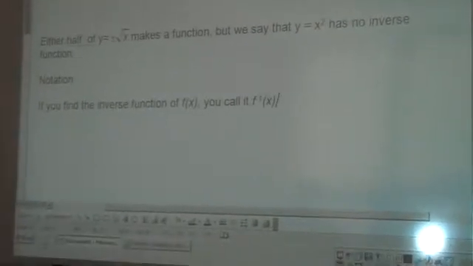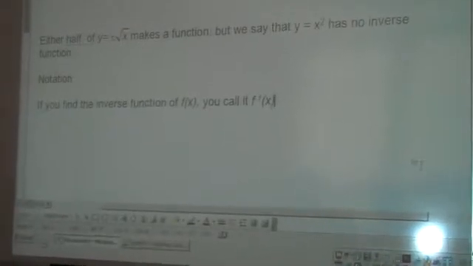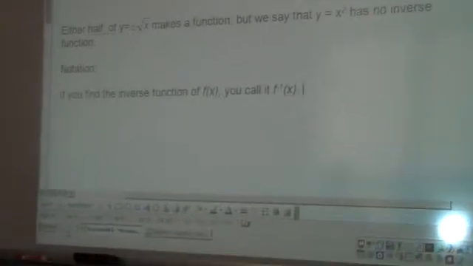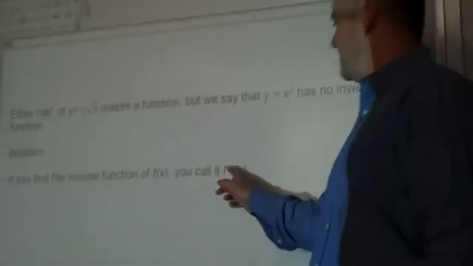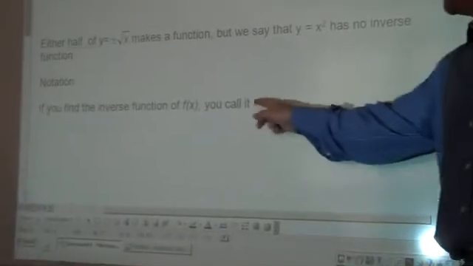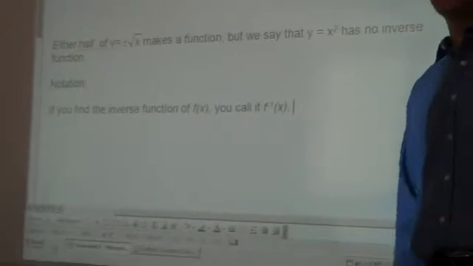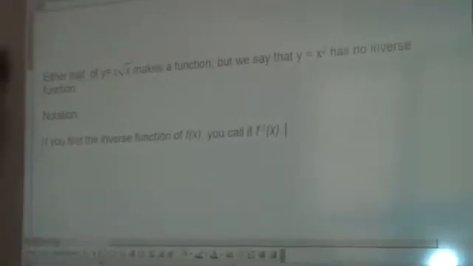What's really annoying about this? It looks like you're raising it to a negative 1 power. And raising it to a negative 1 power means taking a fraction. Like, what is 5 to the negative 1? 1 over 5.